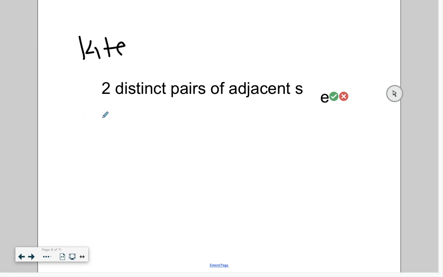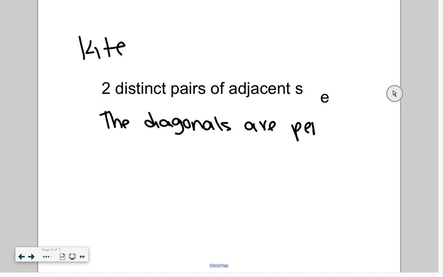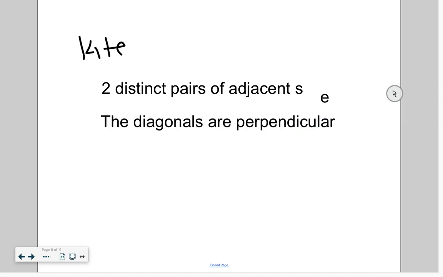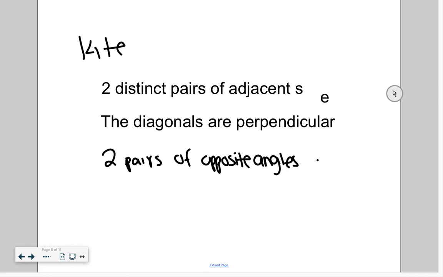The second characteristic is that the diagonals are perpendicular. The third one is that a kite has two pairs of opposite angles that are congruent.